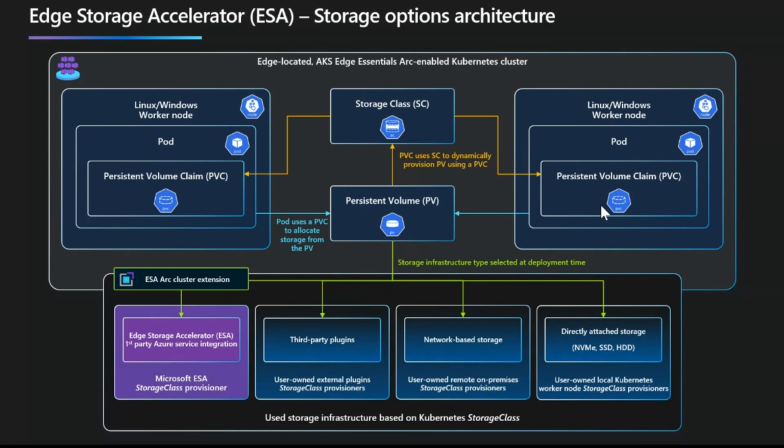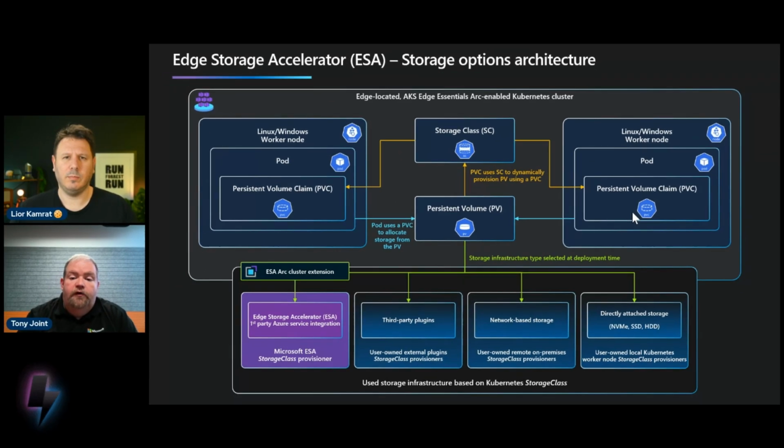So we're using custom storage classes to drive a persistent volume and a persistent volume claim that then enables your pod to talk to the Edge Storage Accelerator, and it uses a files-based interface.